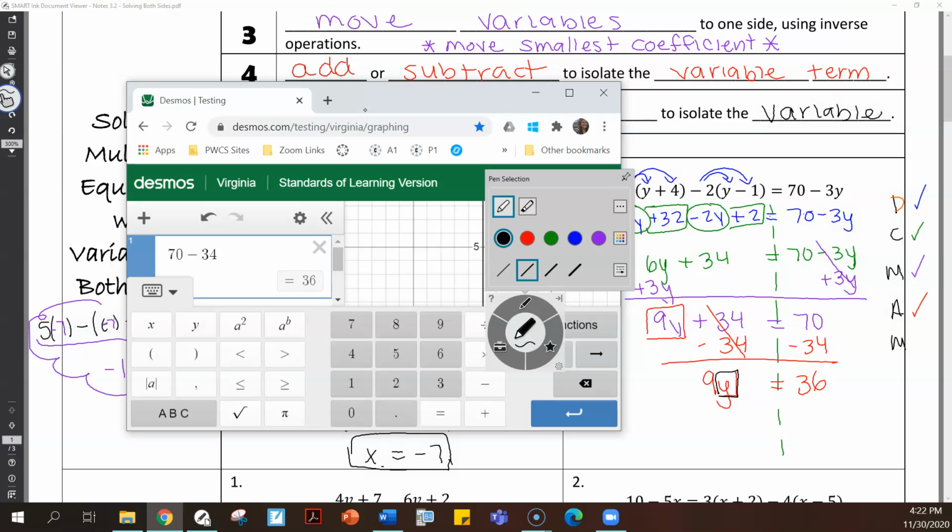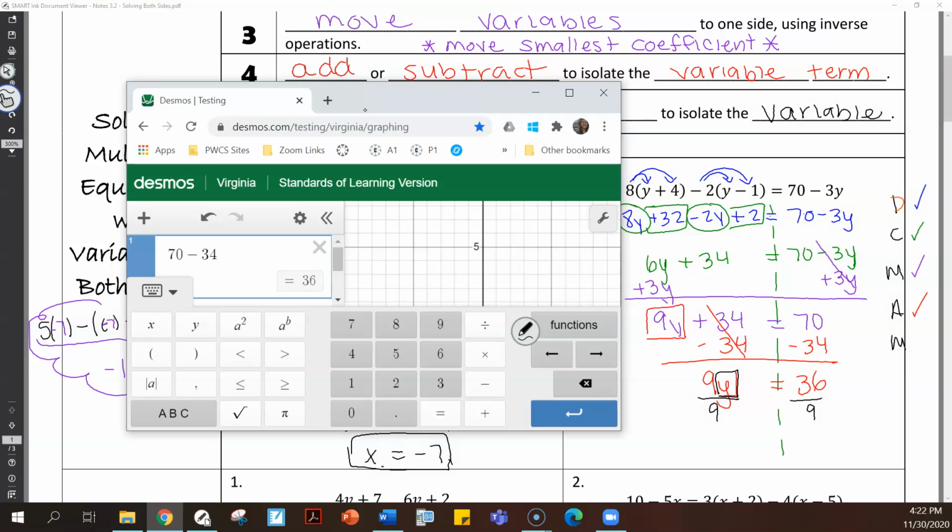It's currently not alone because it's 9 times y, so I'm going to undo that by dividing by 9 on both sides. My 9s are going to reduce to 1, so y is left over. 36 divided by 9 gives me 4.